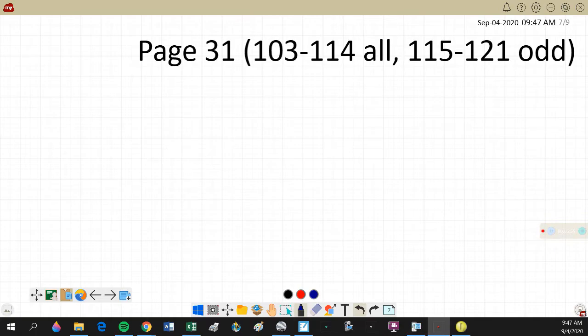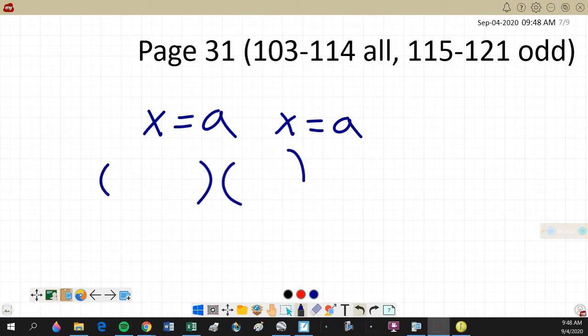Okay, so x equals a as a repeated root. What does that mean? What's the other root? It's also a. Okay, so what would that quadratic look like? Well, it would be (x minus a) and (x minus a), and that would be x squared.